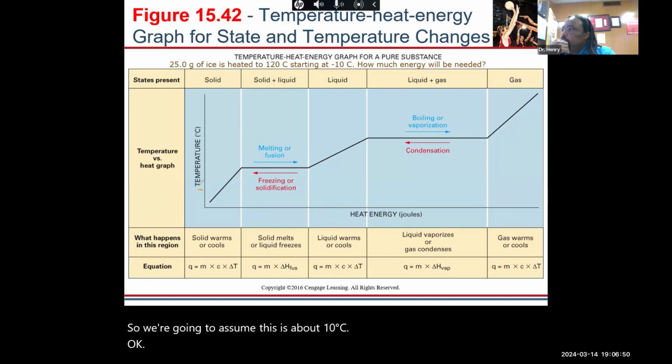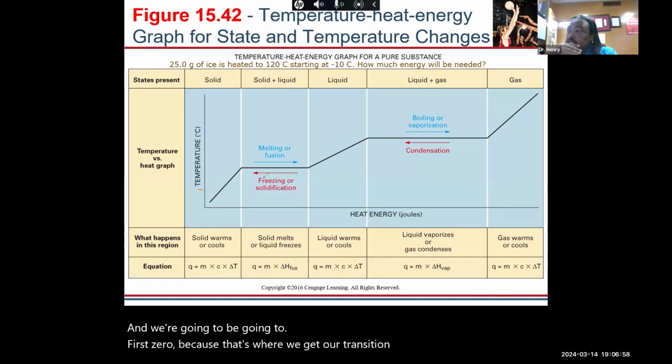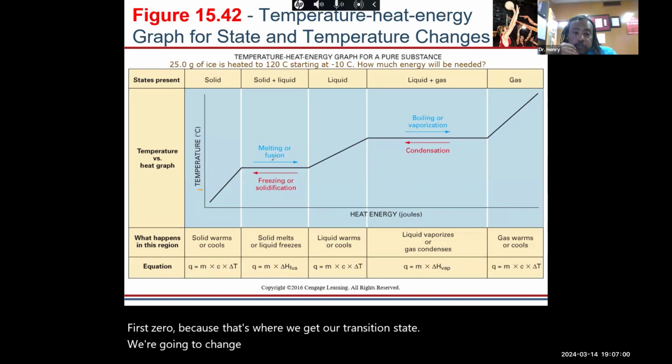And we're going to be going first to 0, because that's where we get our transition state. We're going to change from a solid to a liquid. Okay. So minus 10, and then this is going to be at 0.